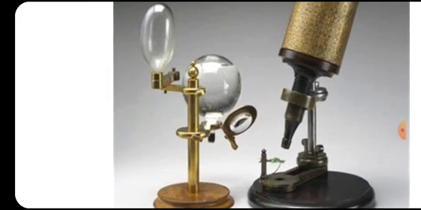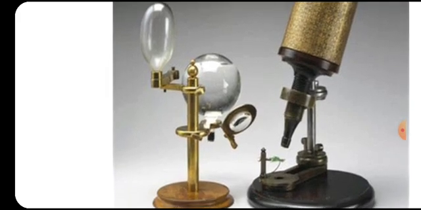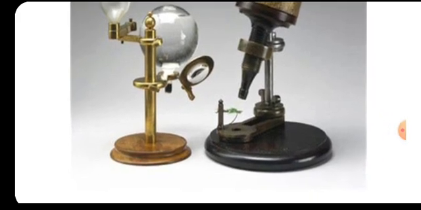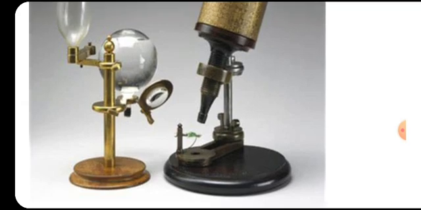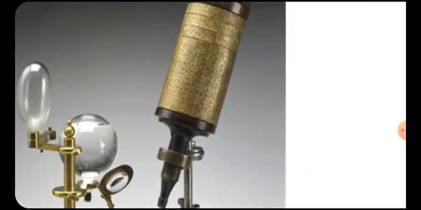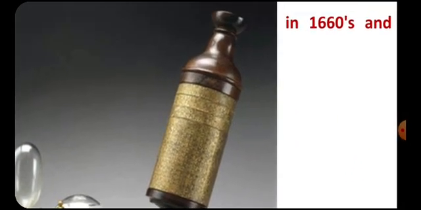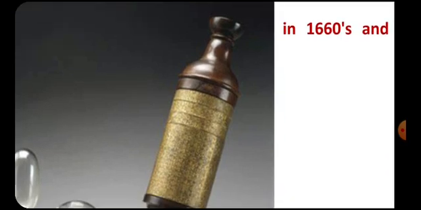You can see these are the glass lenses in combination, the specimen was kept here, and there was a body tube like this, and the objects can be seen from the top, that is the eyepiece.